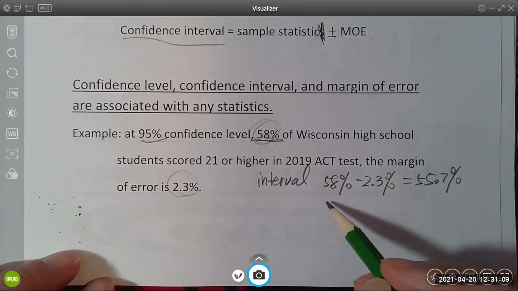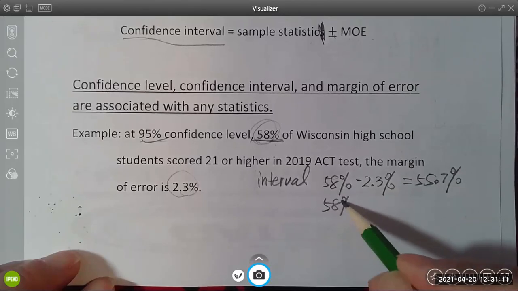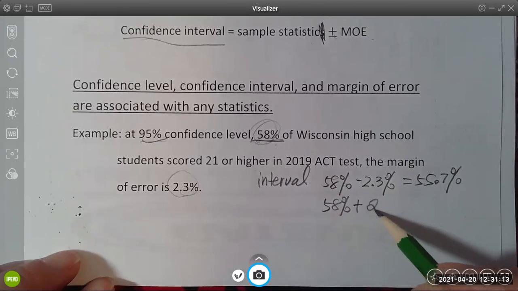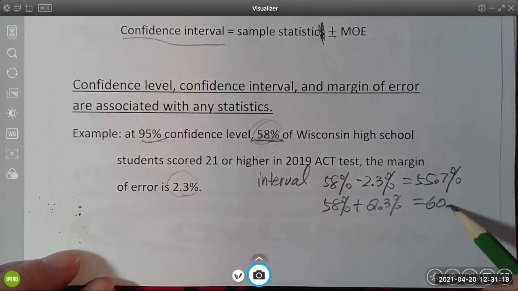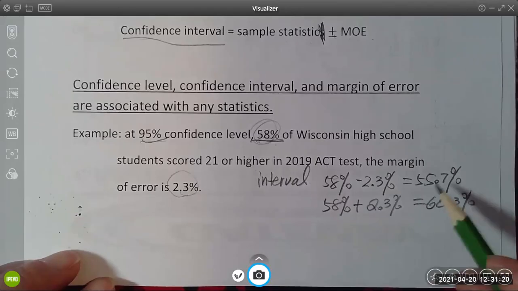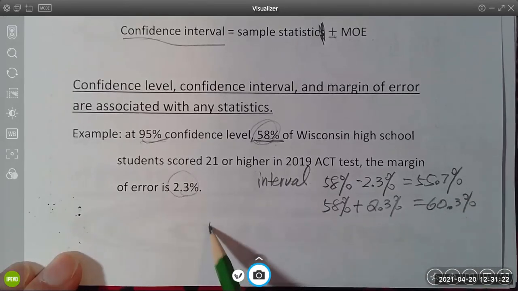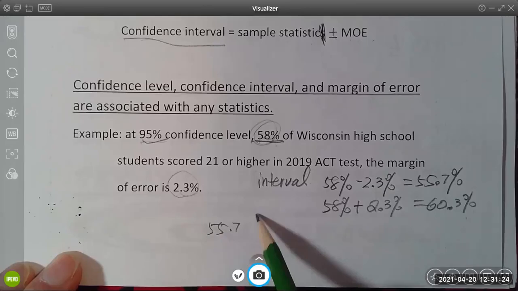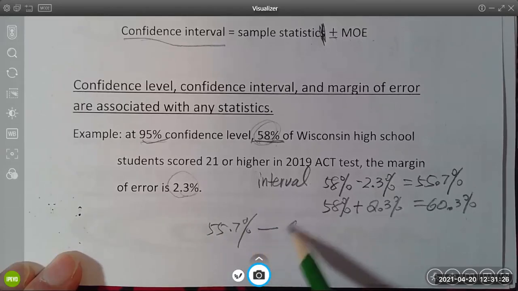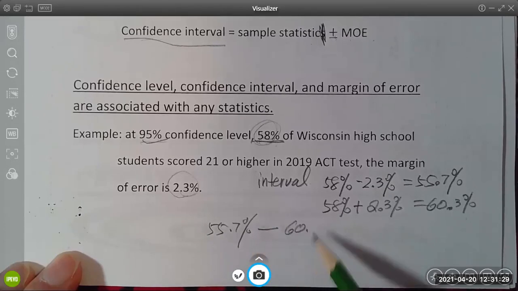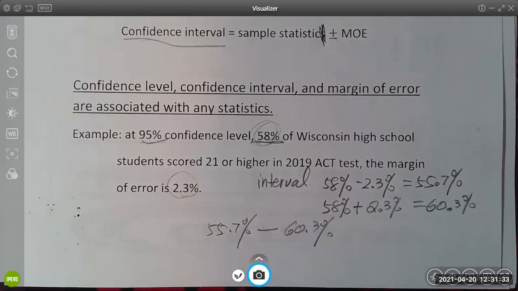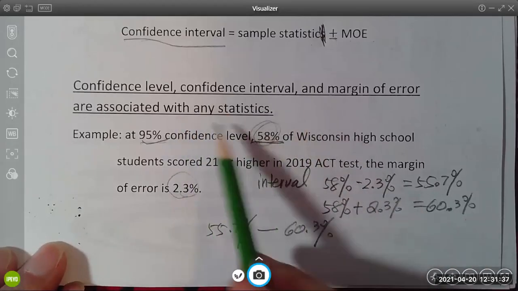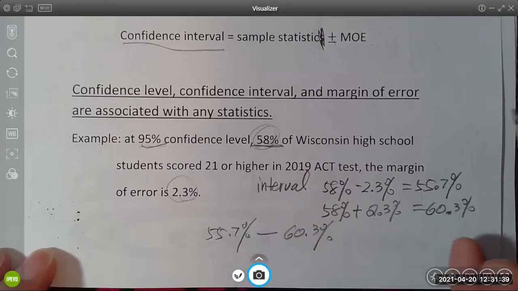The upper bound is the statistic plus the margin of error, and this is 60.3%. See, we create a bracket from 55.7% to 60.3%.